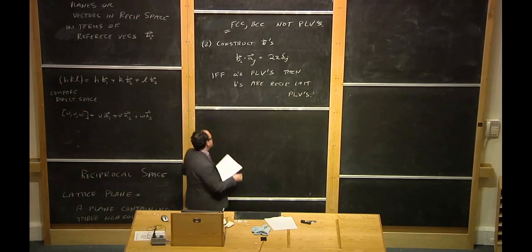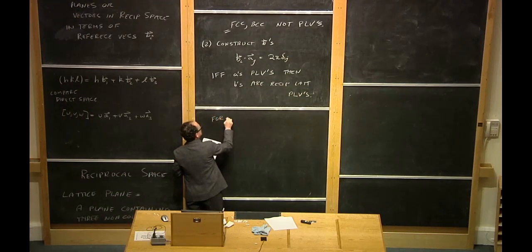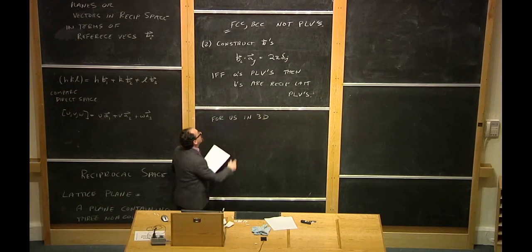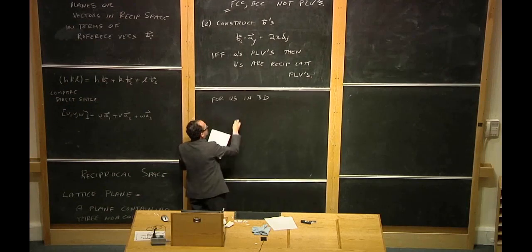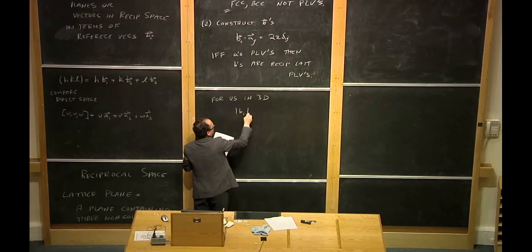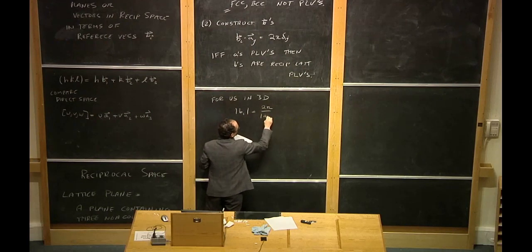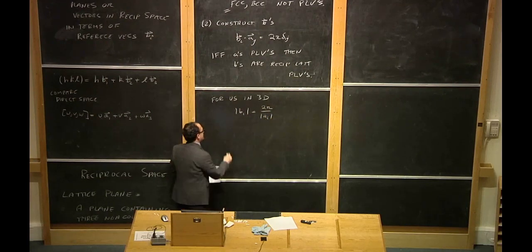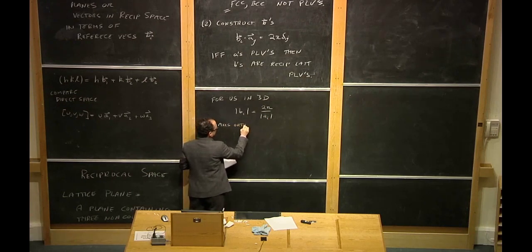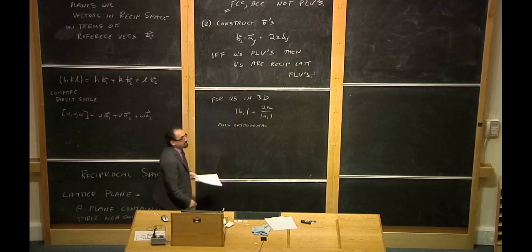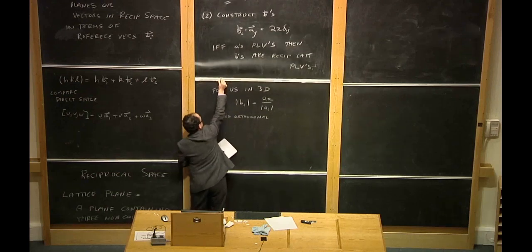Again, for us, since we are always using orthogonal axes in 3D, it will always turn out to be the case that the absolute value of b_i equals 2 pi over the absolute value of a_i because axes are orthogonal. Okay? So that makes life a lot easier.